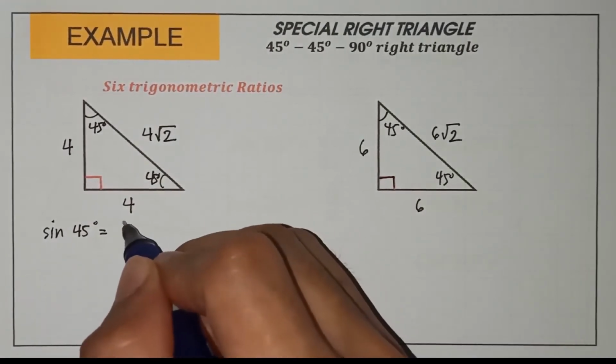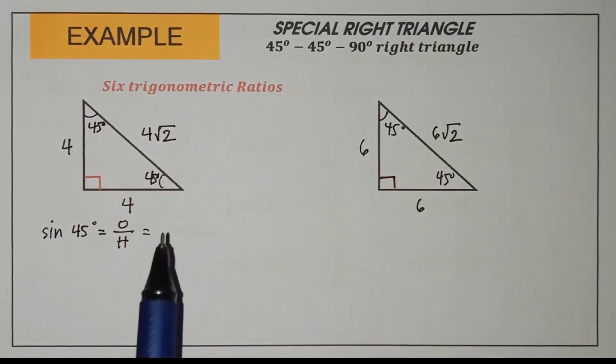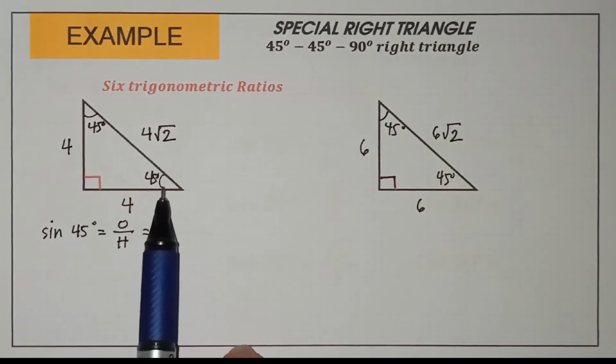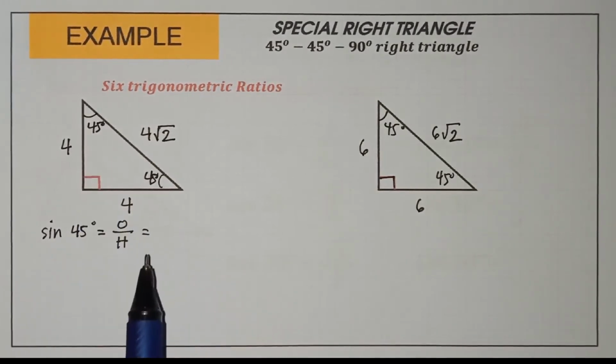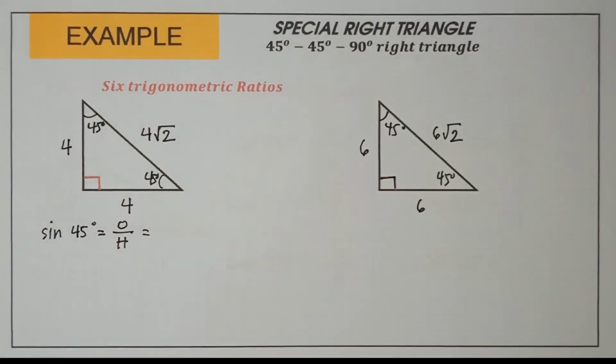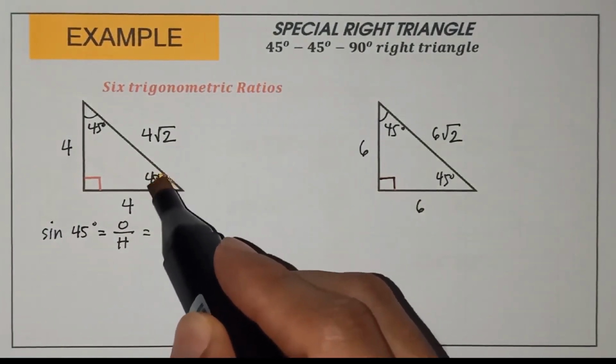Sine is opposite over hypotenuse. And the opposite to 45 degrees, since there is only one measure of angle, which is 45. So opposite over hypotenuse. Let's say, for example, we will stick on this triangle or in this angle.